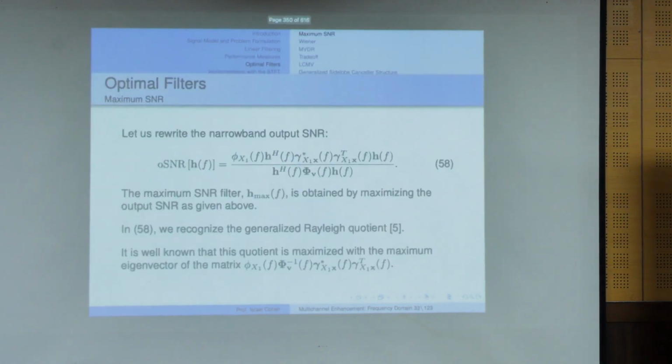Okay, so if we try to minimize the mean squared error, we'll get the Wiener filter. We can also ask which filter here will maximize the SNR, which will give us the maximum SNR. So if we write the output SNR, we have this expression.